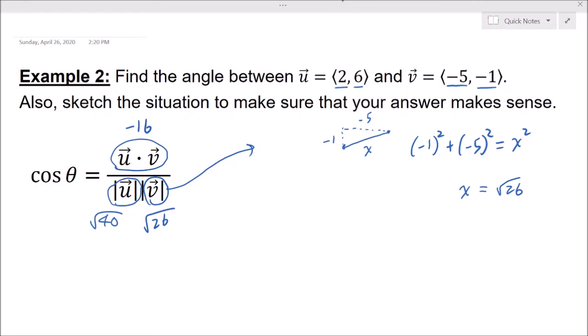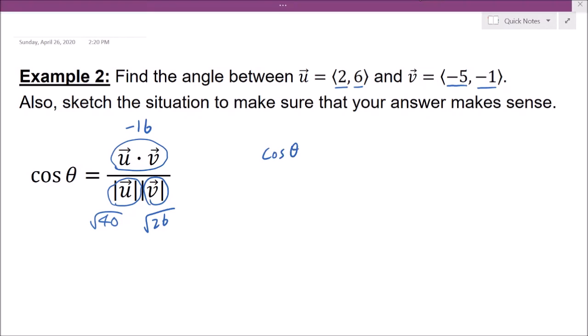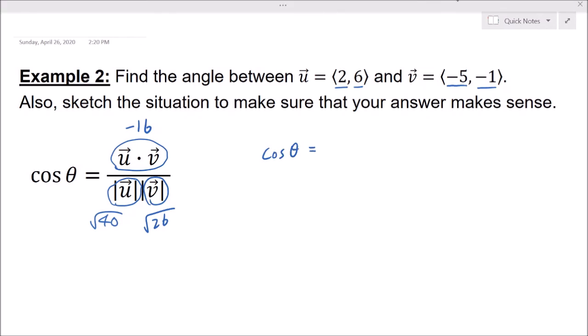So now we've found all the pieces we need except for the final one that we're trying to find, right? Theta, the angle. And so we can just do some algebra to figure theta out. So look, we have cosine of theta equals -16 on top, and then root 40 times root 26 on bottom.